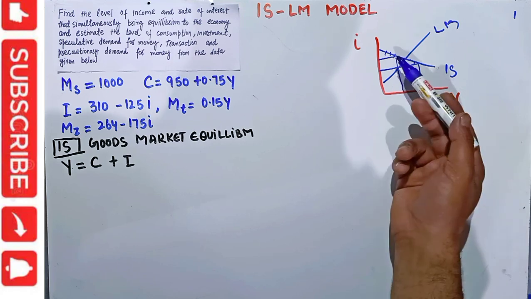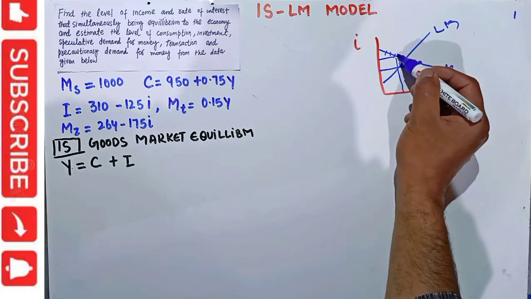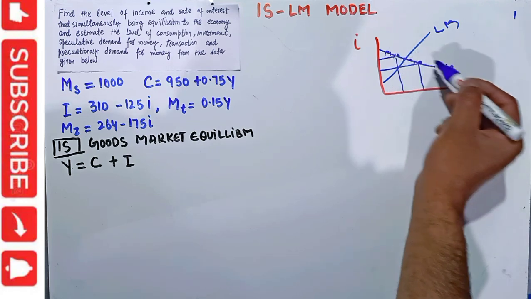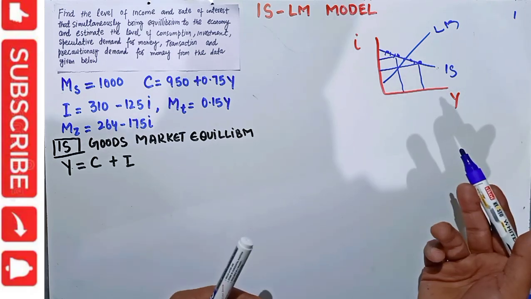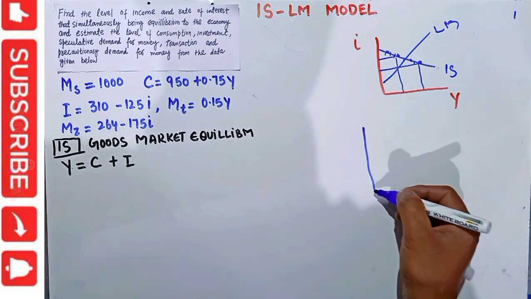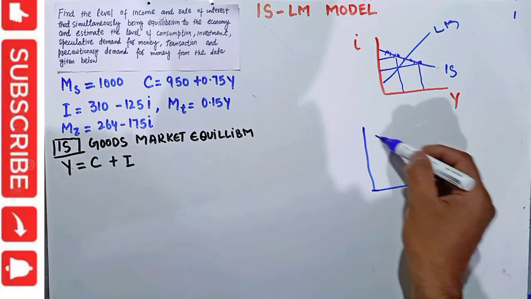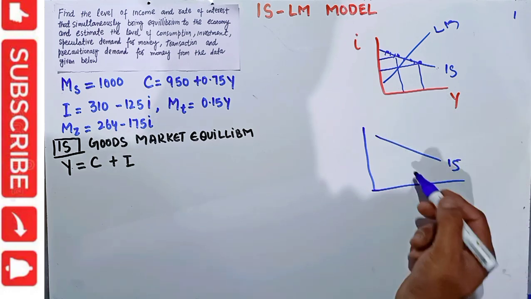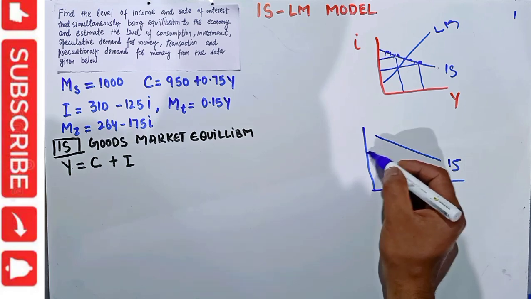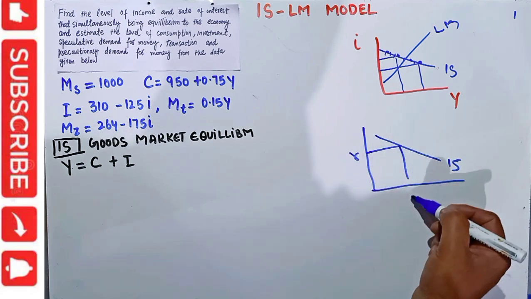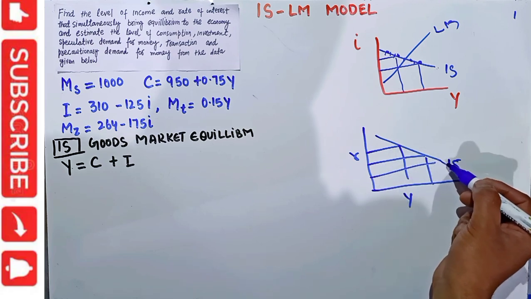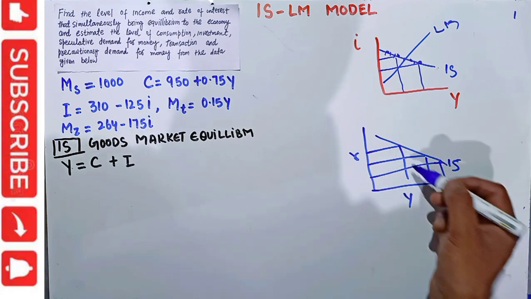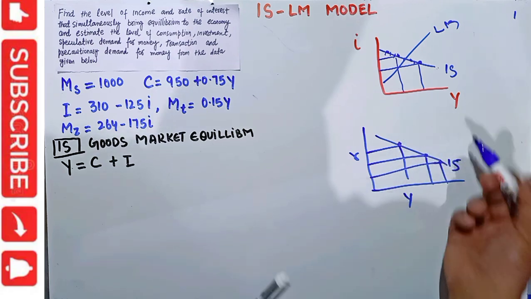Every point on this curve is a point where investment is equal to savings. So the IS function shows us the different combinations of rate of interest and level of income where investment is equal to savings.